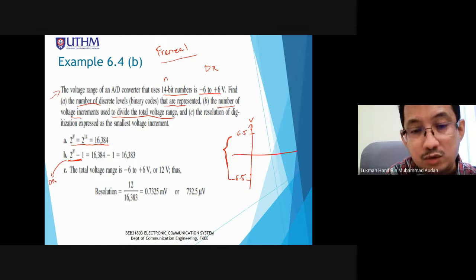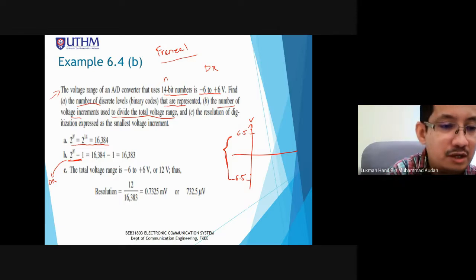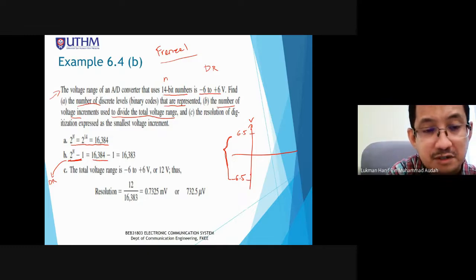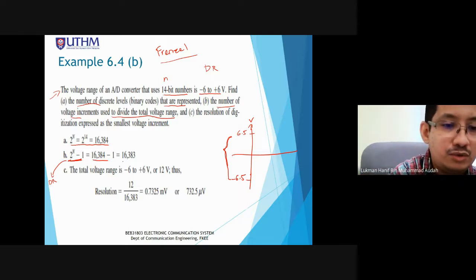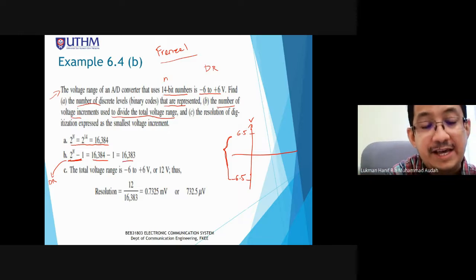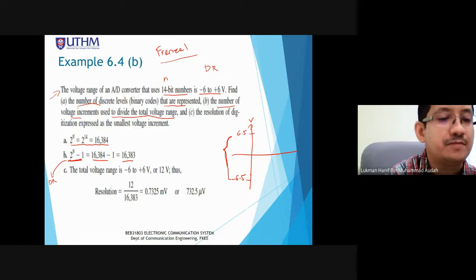Kita tak nak masukkan 0 volt. So therefore, the number of voltage increments that we use is equal to 16,383 levels. Okay, so nampaknya dia kurang 1 saja.